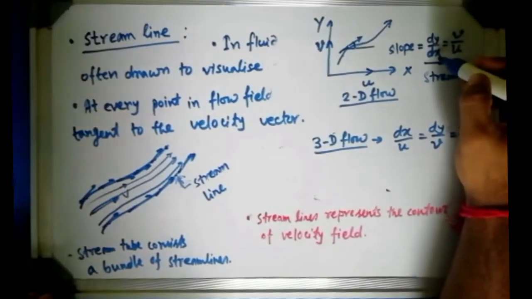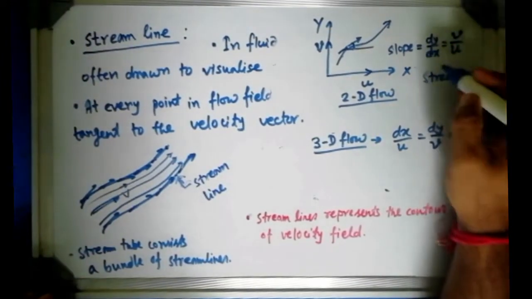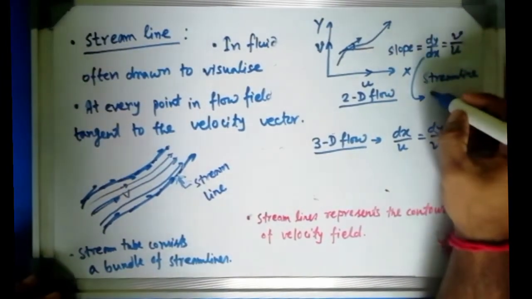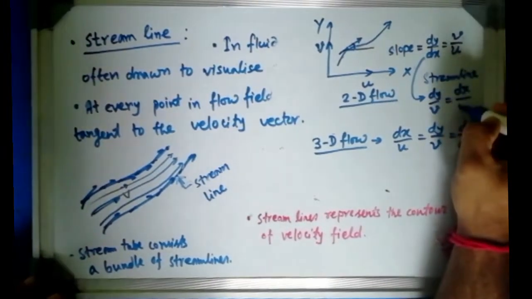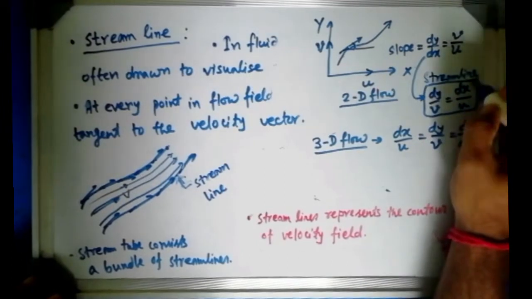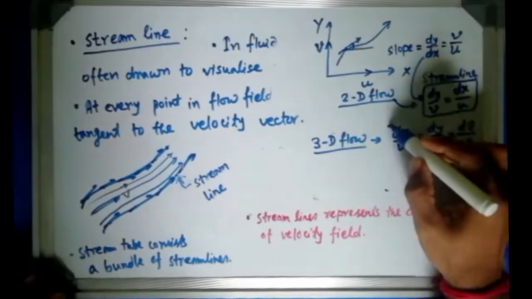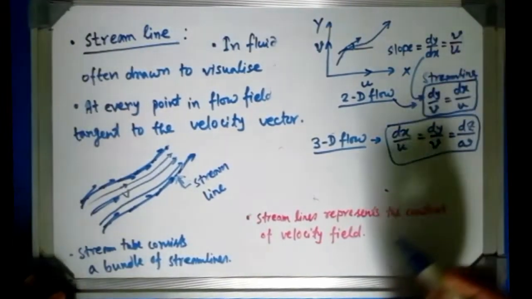I can write the 2D equation in the same manner, dy by v equals dx by u. This equation is valid for 2D flow and the other is valid for 3D flow.